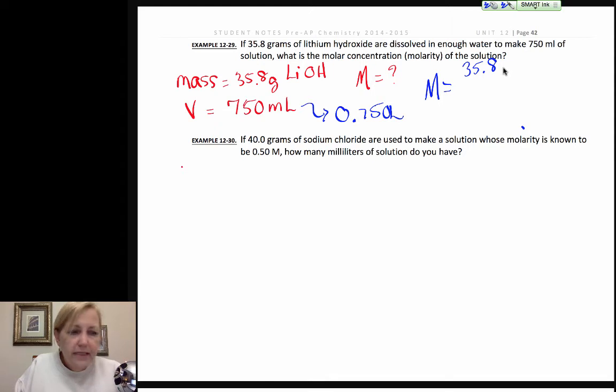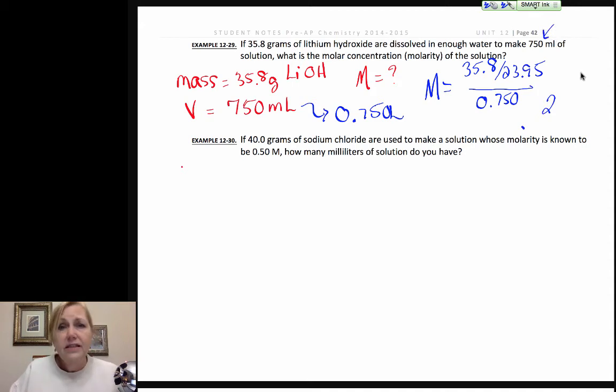My molar mass of lithium hydroxide is 23.95, and that is all over 0.750 liters.